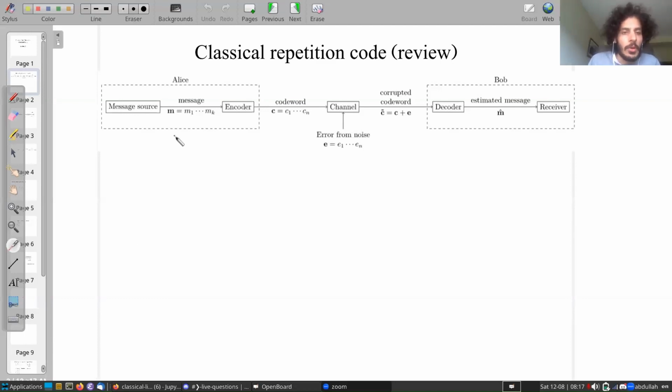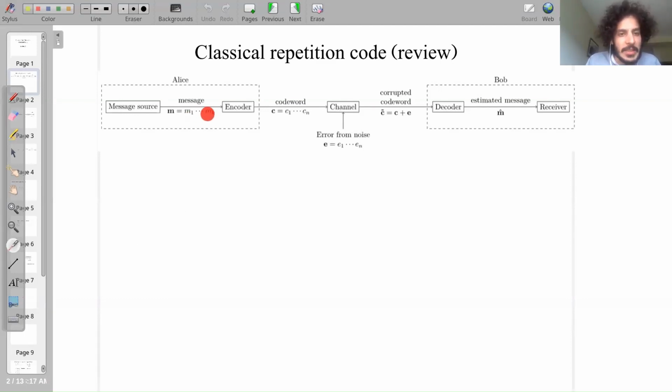The way it gets sent to Bob, in order to reduce the probability of Bob getting the wrong message, is that she encodes it into some sort of code word.